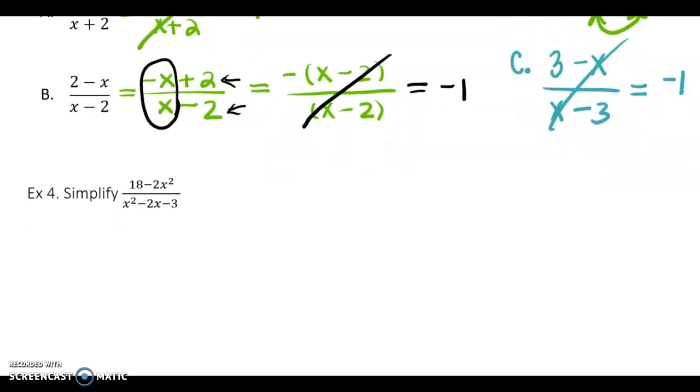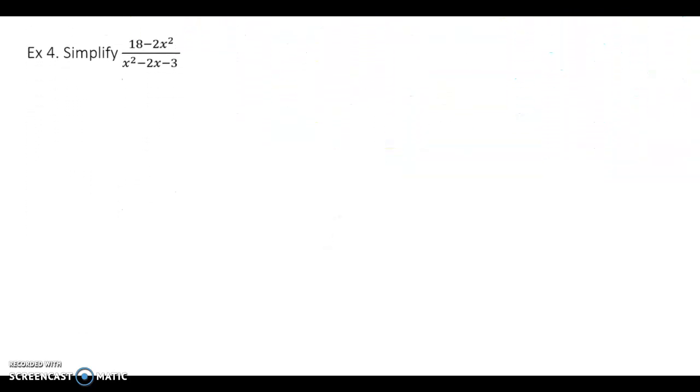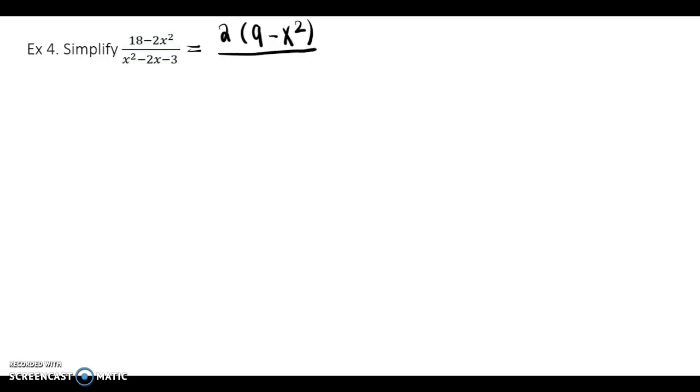Alright, and lastly, we're going to simplify this rational expression here. So I'm going to go ahead and factor out a 2 out of the numerator. And then on the bottom, I'm going to go ahead and factor that. So negative 3 and 1.